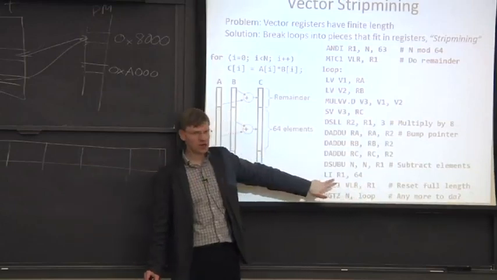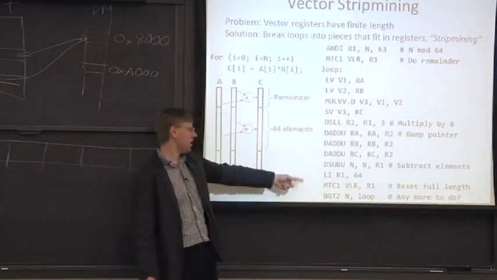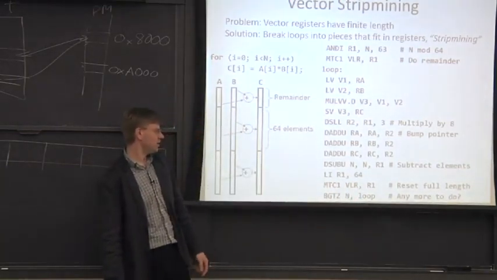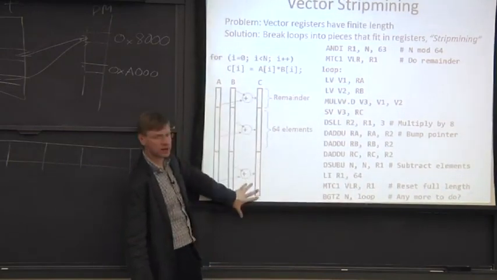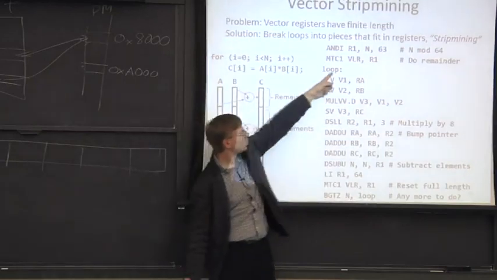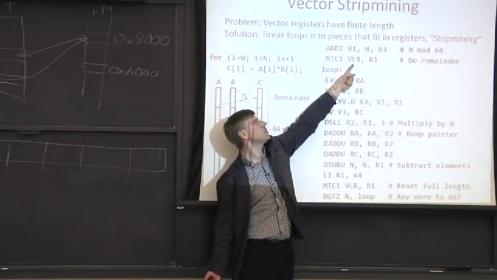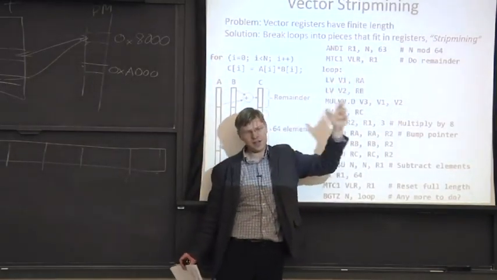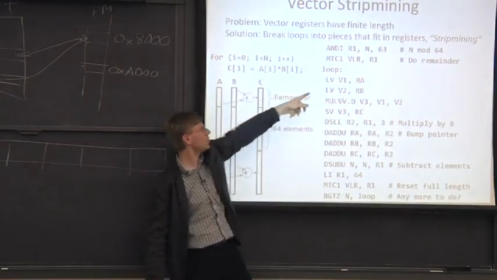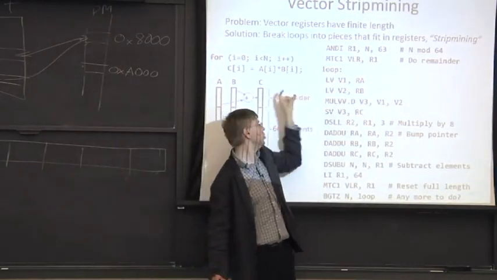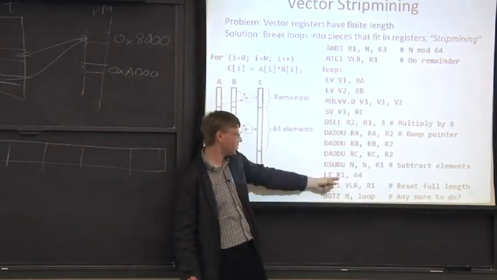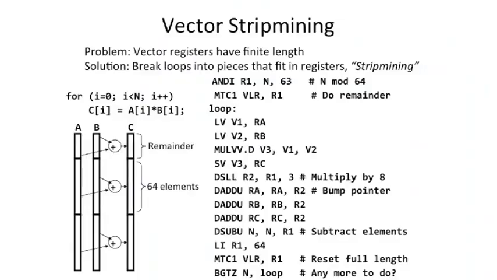The reason we're writing the vector length register here is that this is actually coded so that we do the remainder first and then do the big chunks. So we're going to write the vector length register with the remainder first, so n mod 64. Do that chunk first, and then we're going to do the rest of them with 64.